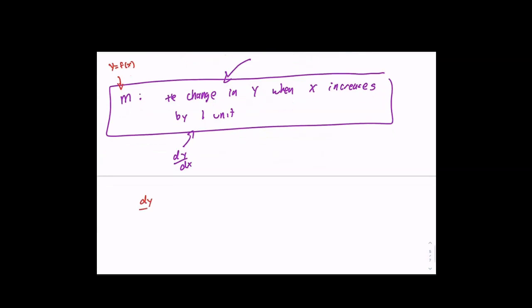Now this has a lot of important features. So if dy dx is greater than 0, what does that mean? This is actually a topic we're going to cover in a future unit. Now I'm asking for some feedback.